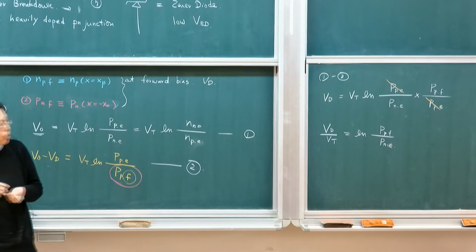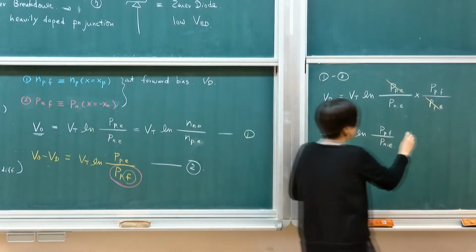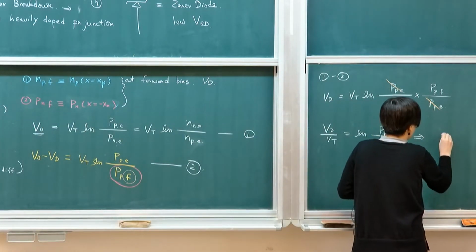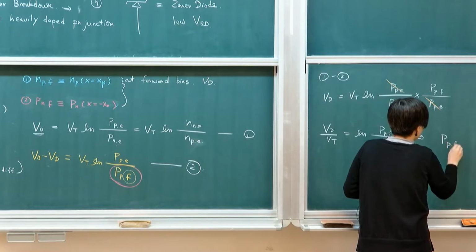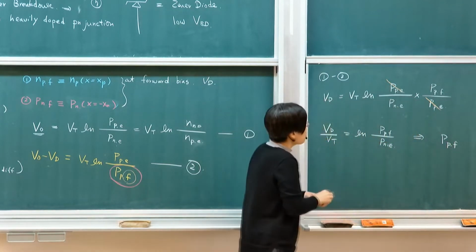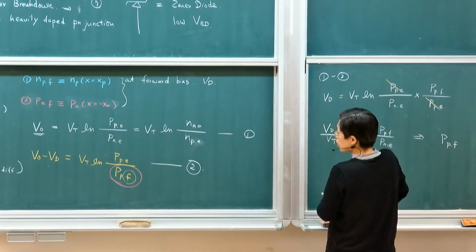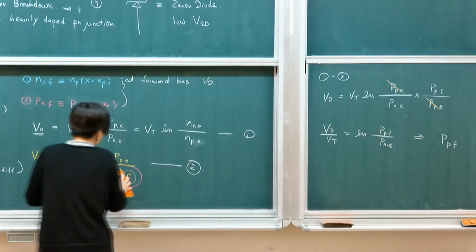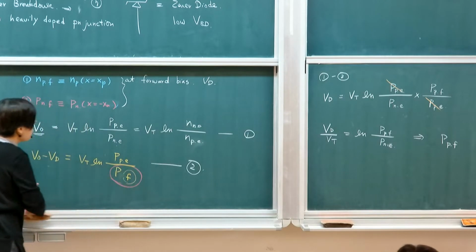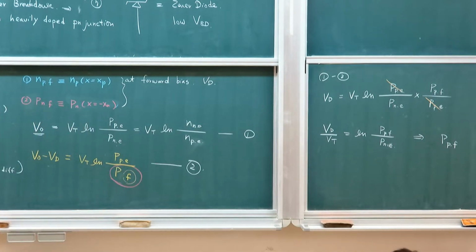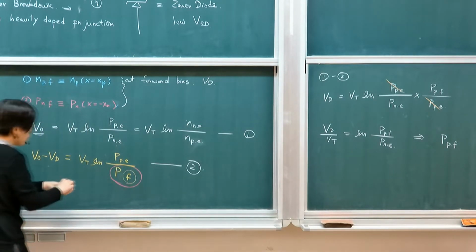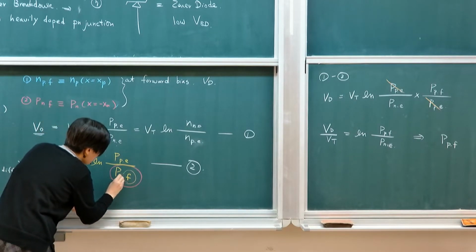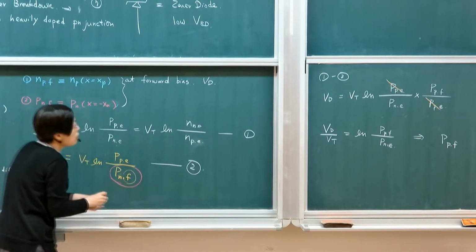It's called the law of the junction. So this will then give me how much the minority carrier concentration, I made a mistake. Sorry. This is minority carrier. So this is the other side, which is PN. Should be PNF. Sorry about that.